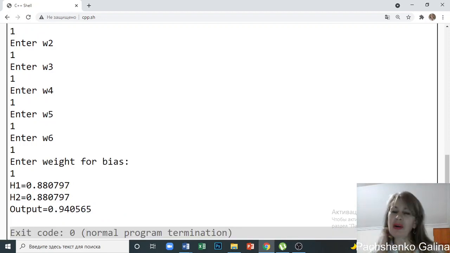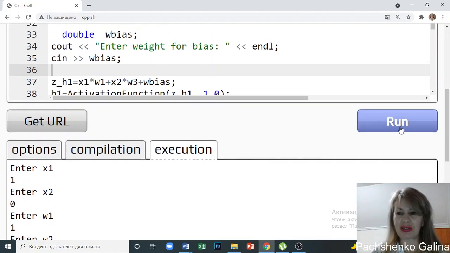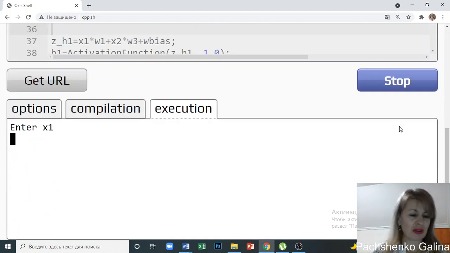Yes, okay, please note, it's not the same values, but our bias shifts the answer toward 1 because it's positive. Let's check, let's try. I hope that with the internet everything will be okay now. We just check. I want to check it.